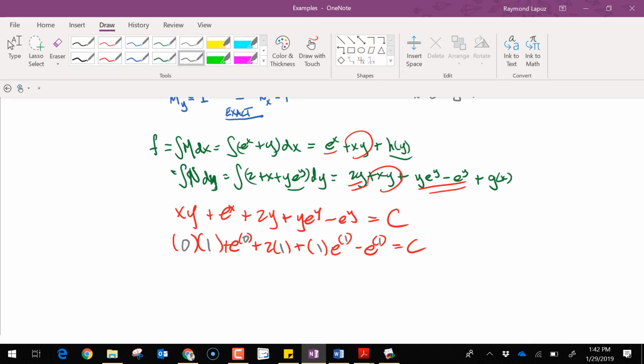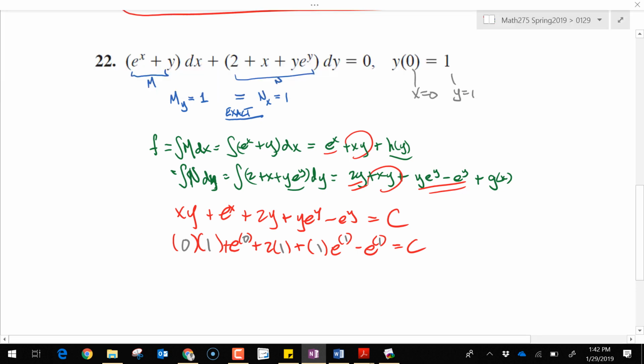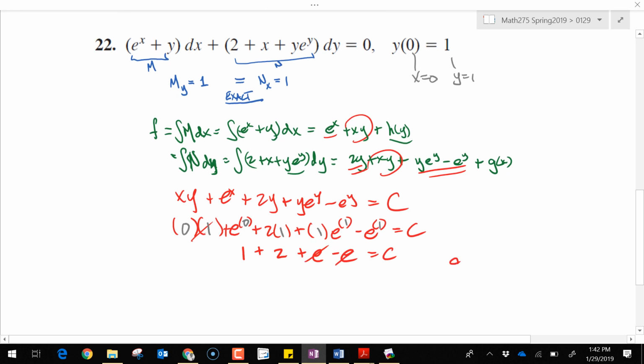So we got 0, this is a 1, this is a 2, this is an e minus e is equal to c.